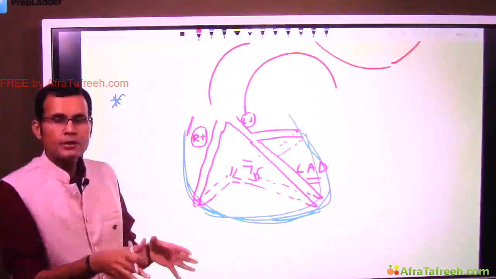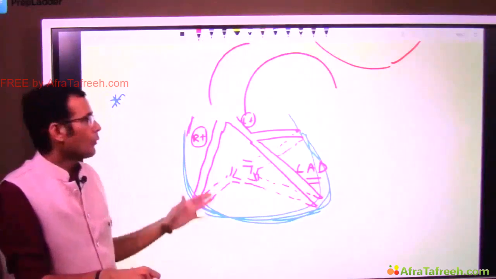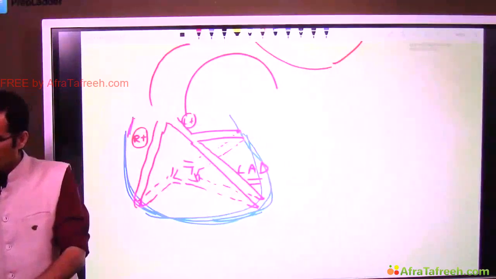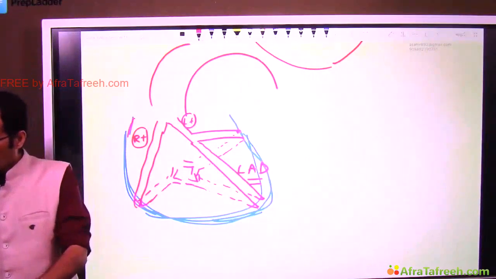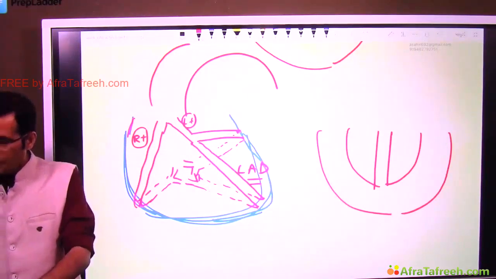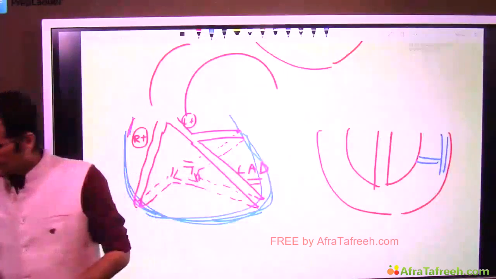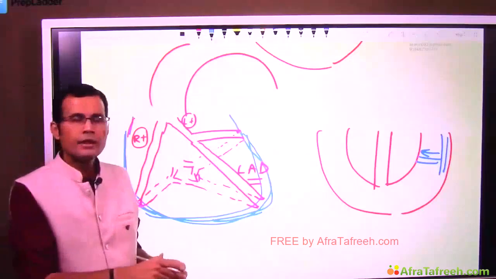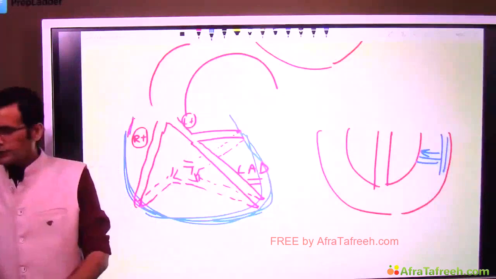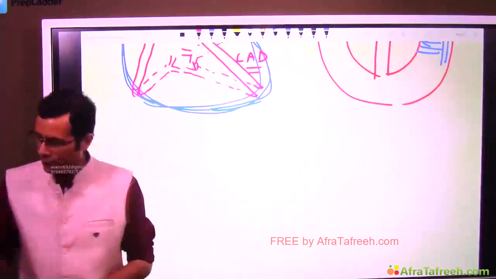So these are the major vessels, and then their branches will run perpendicularly. The smaller branches of these arteries will penetrate the heart muscle in a perpendicular fashion, like this, and then there will be distribution of nutrients and oxygen to the myocardium. So that's basically a quick review of its functional anatomy.